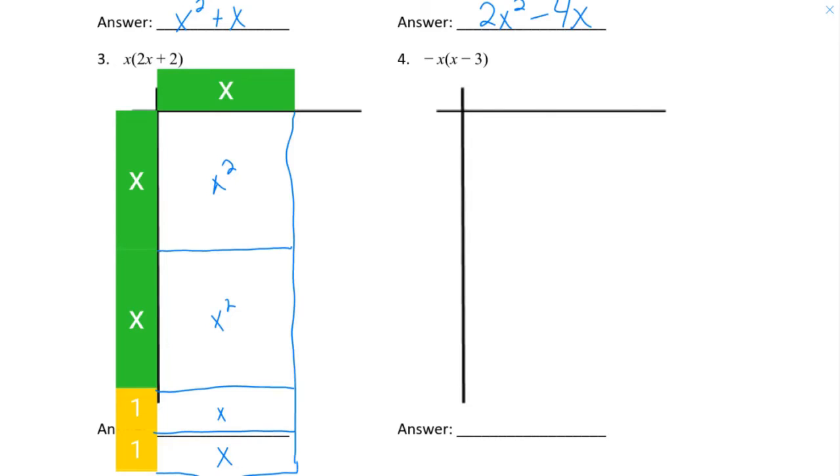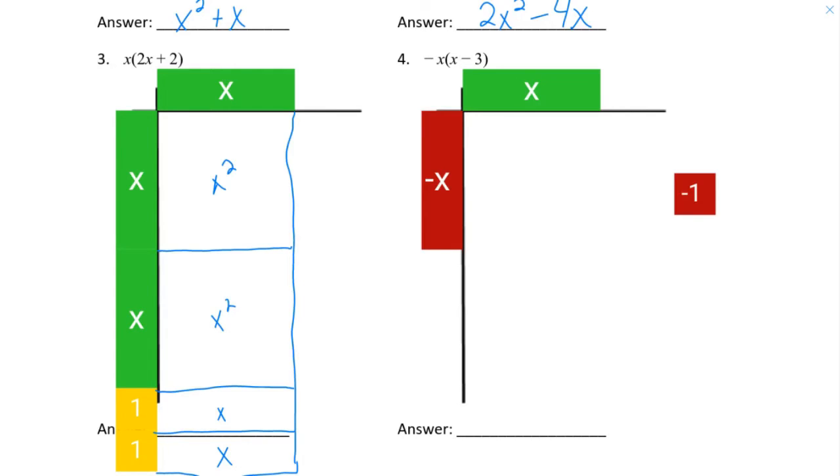All right, let's take a look at the next one. First of all, we have a negative x. So we want to make sure that we're using a red x or a red rectangle for that one. And then we have a positive x minus 3. Because of that minus, we're going to make those 3 1 tiles negatives.